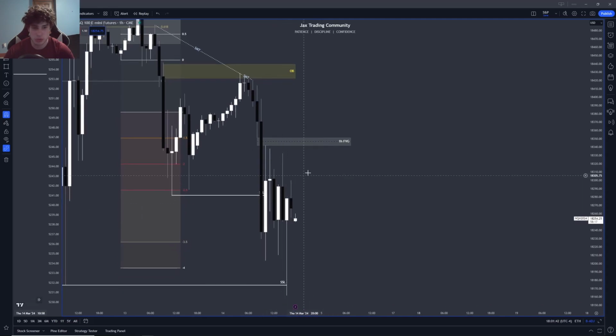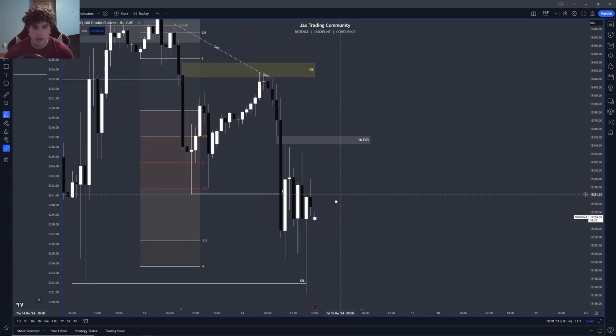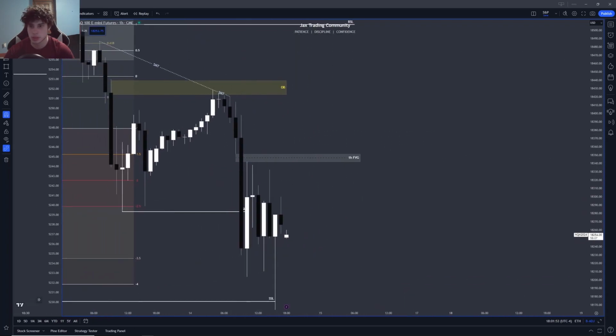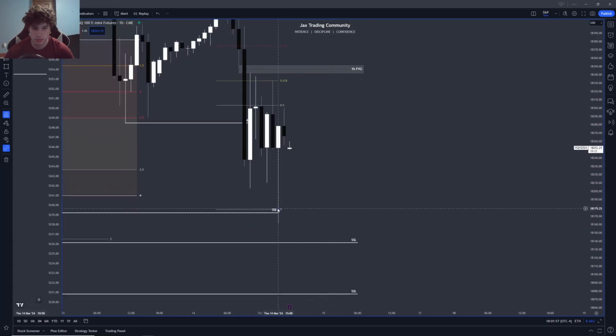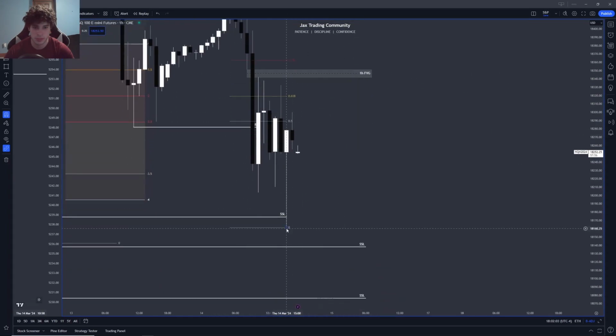We may see some sort of small pump in the overnight session to rebalance to here before heading lower, just because we swept this liquidity. But let me also check to see, number one, is this in discount? It is in discount, and it also does align with OTE.